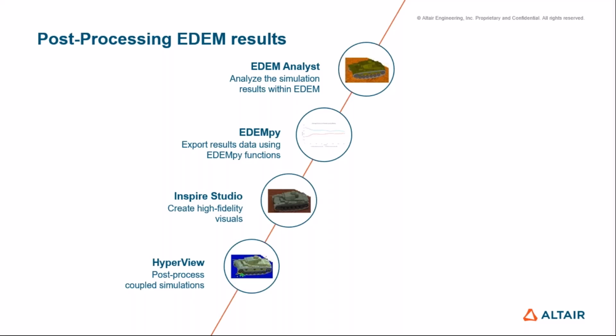So first of all, and the one that most of you will be familiar with if you are EDEM users at the moment, we've got EDEM Analyst, so the built-in post-processing tool in which we will mainly do all of the analysis for our simulation results. We're able to do coloring, graphing, visualization with different displays for our bulk material, exporting data, so the main thing to get the actual information out of the simulation.